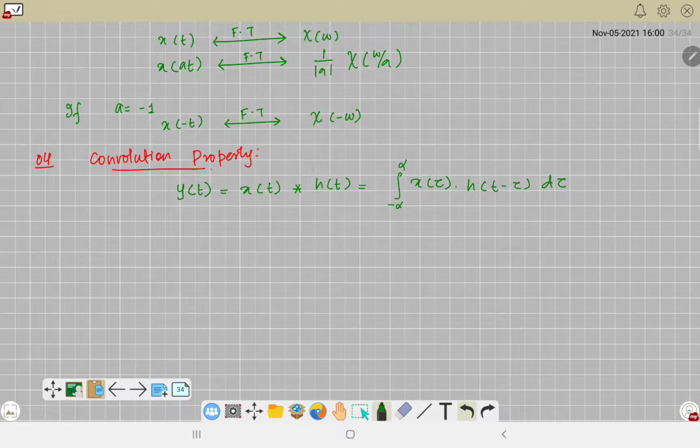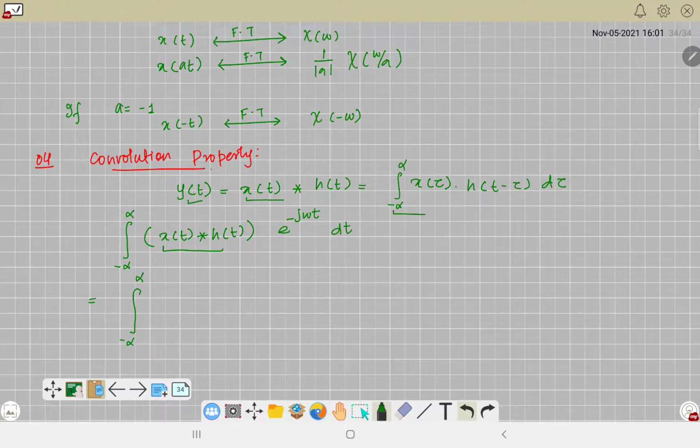Now if I take the Fourier transform of y of t, it will be the integral from minus infinity to plus infinity. Since y of t is the convolution of x of t and h of t, we will have this factor which is the part of the Fourier transform, right? It will be minus infinity to plus infinity.